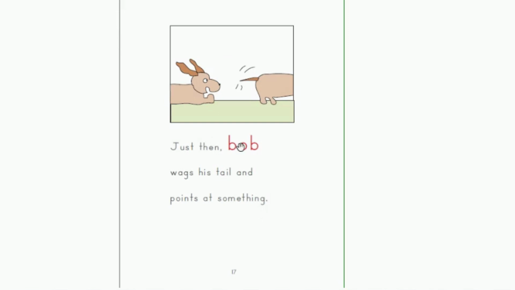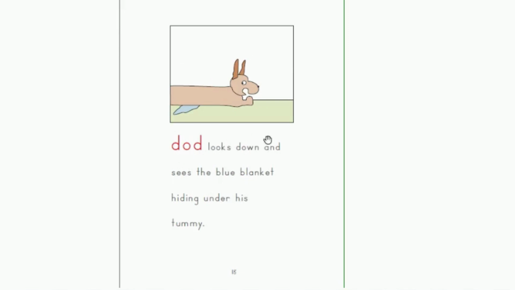Just then Bob wags his tail and points at something. Dod looks down and sees the blue blanket hiding under his tummy.